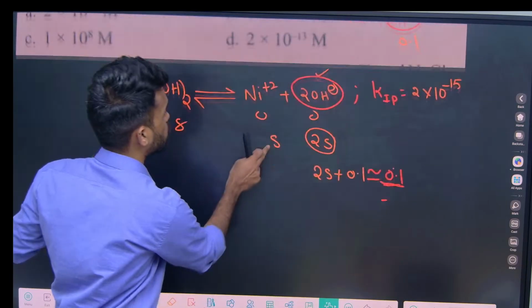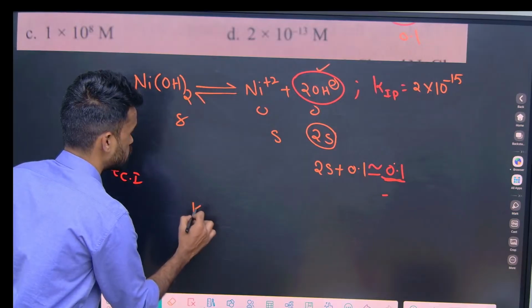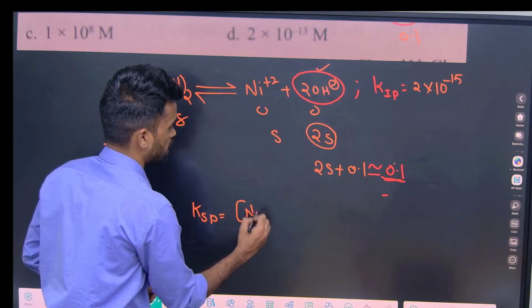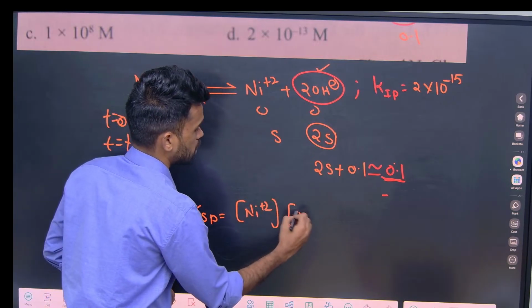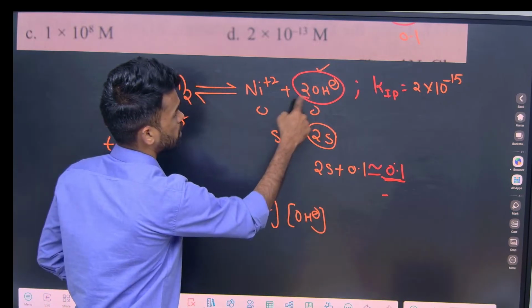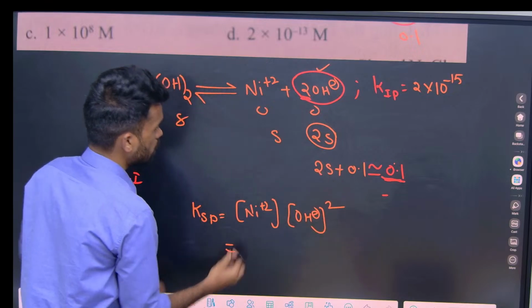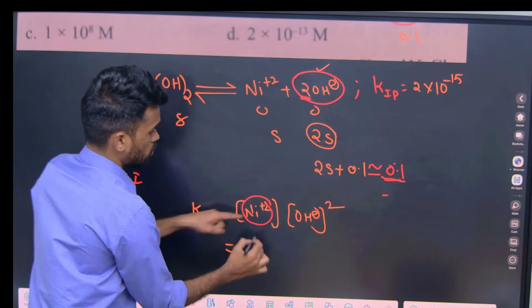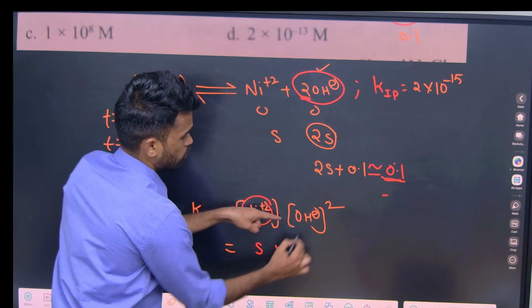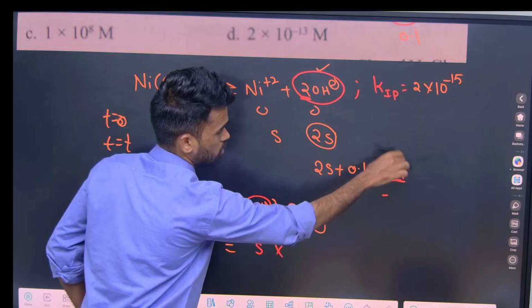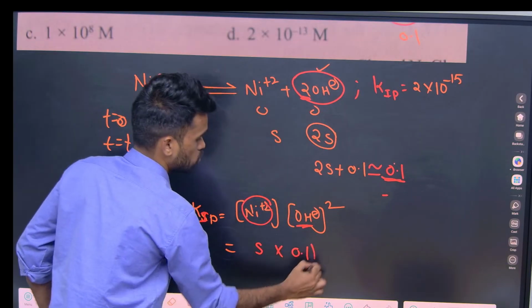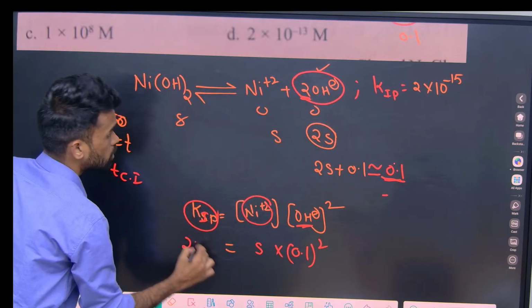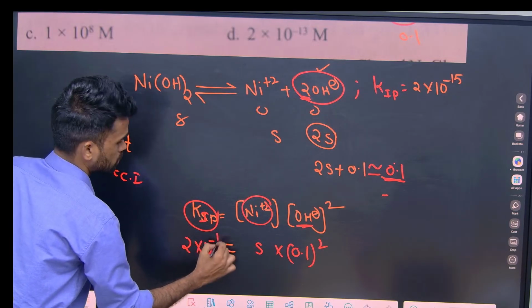So now, how do you write the ionic product for this? KSP or KIP equals concentration of Ni2+ into concentration of OH minus to the power 2. Now I want to get the solubility, this one. Let us say Ni2+ is S. What is the OH minus ion concentration? Here we have 0.1 to the power 2. And what about the KIP they have given? 2 into 10 power minus 15.